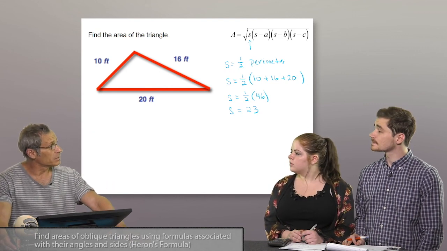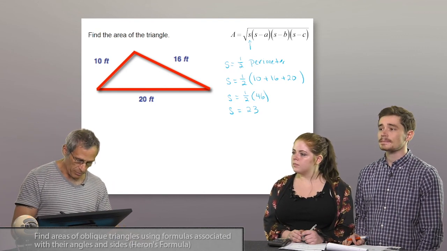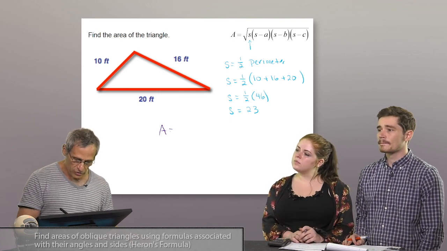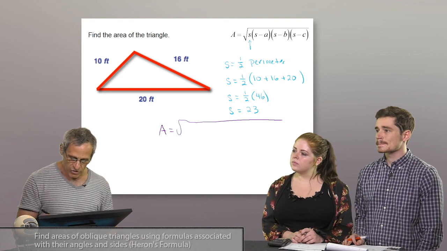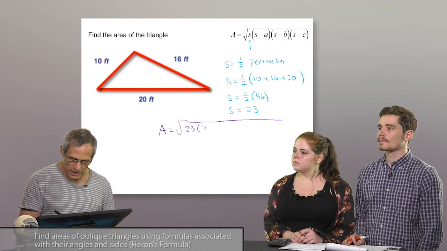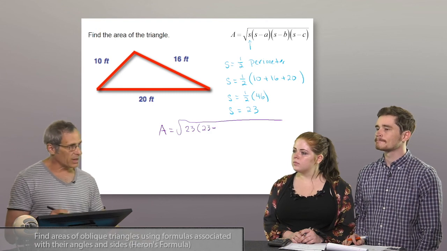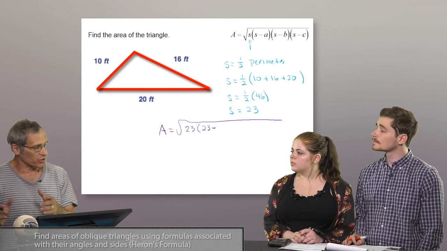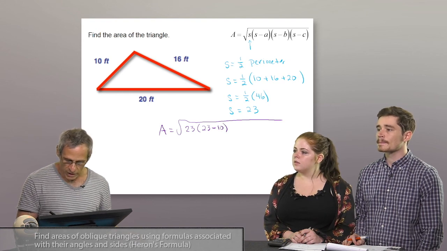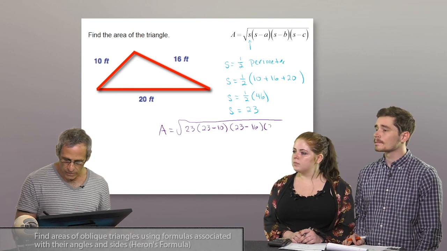Now I can begin. To find the area, I'm going to say the area is equal to the square root of S, which I just found. That was 23. Then I just take 23 and subtract away the length of each side, separately. So it'd be 23 minus 10, then 23 minus 16, and then 23 minus 20.